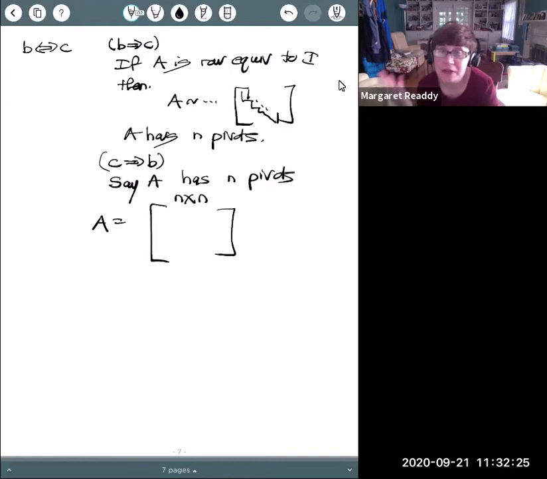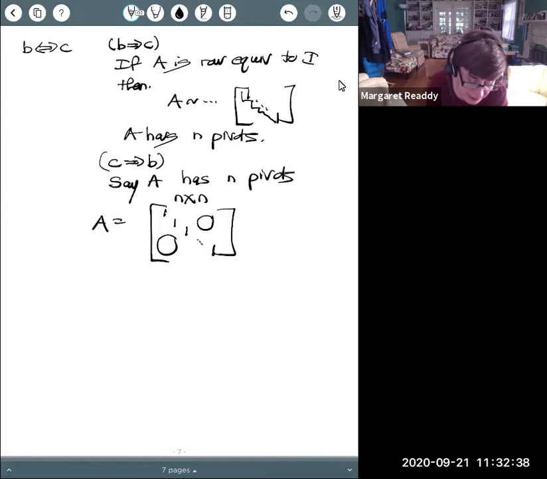And the only way you can have n pivots is exactly that those n pivots are on the diagonal, and then you put this in row reduced echelon form. Everything else is zeros. So that says that A is row equivalent to the identity. So that one's super easy.